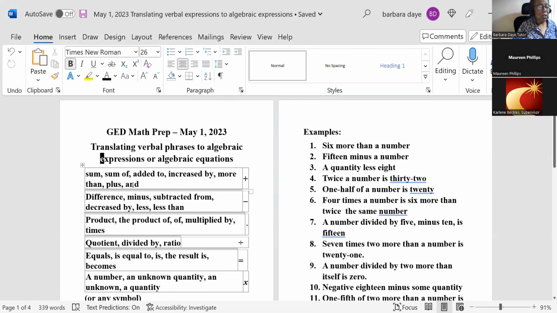In other words, you could say the sum of 4 and B, or you could say 4 and B. Both of those mean to add. Got it? And there's a symbol, the plus. So the add only has one symbol, plus.